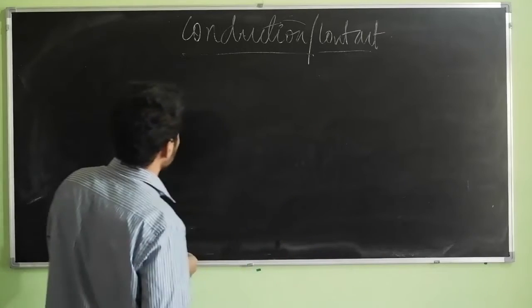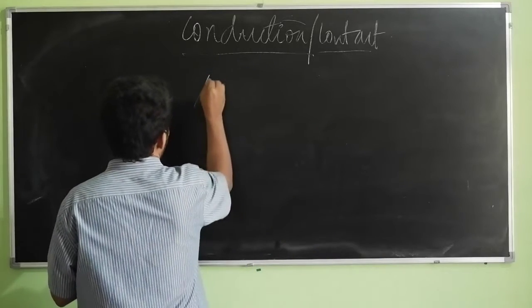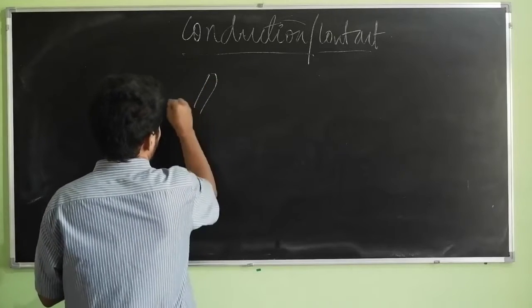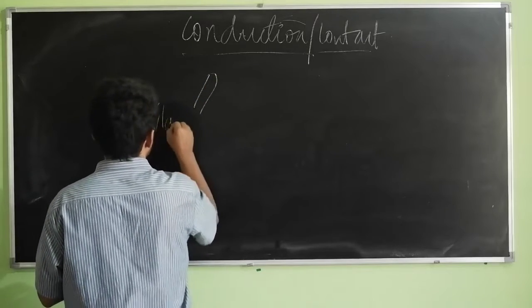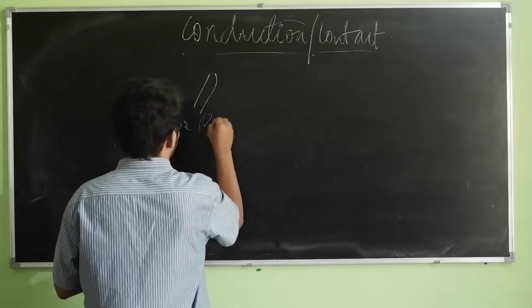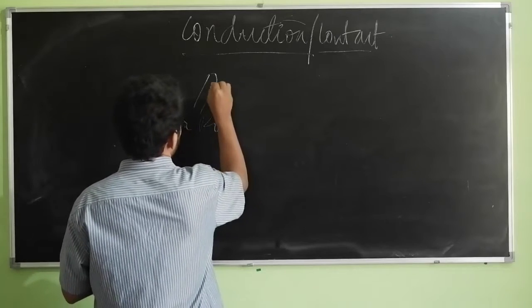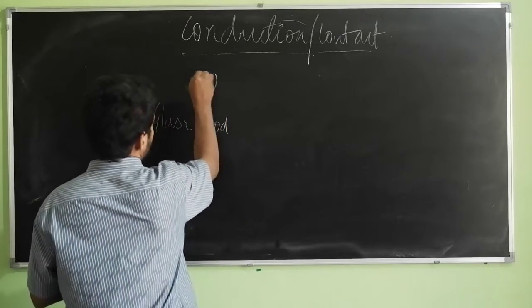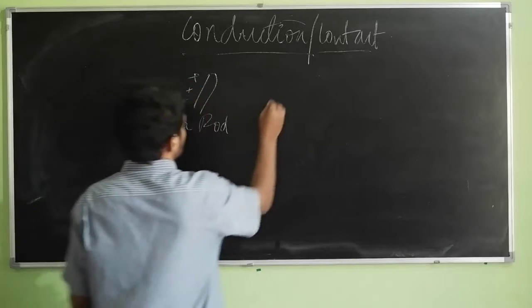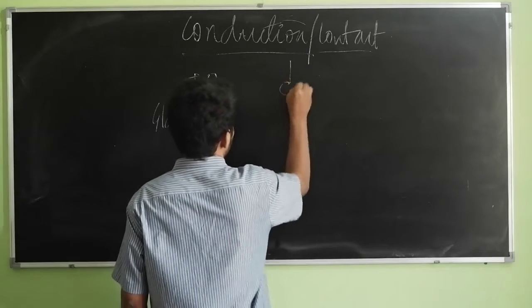So what are the examples for this? Let's say I have a glass rod. Remember, when rubbed with silk it becomes positively charged. Then I have a pith ball. What is a pith ball?